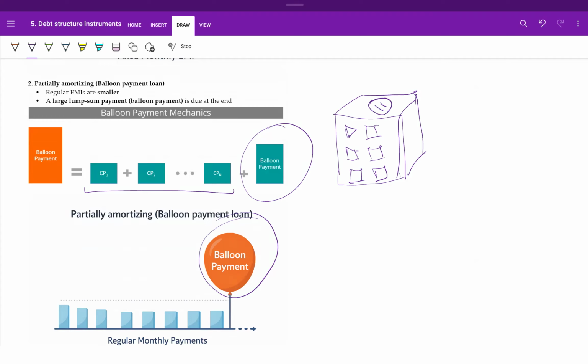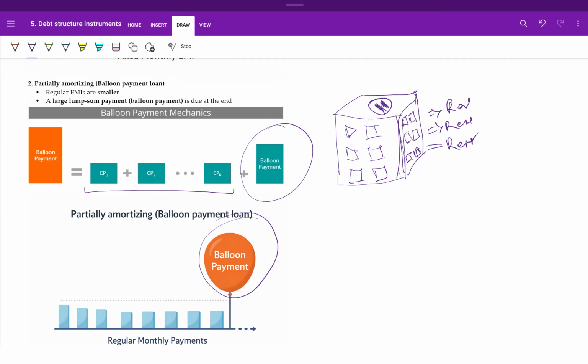You do not want to purchase it using only your equity. So you use investors' equity and other people's equity, you take out a loan, and the strategy here is that you will be receiving rent every month.